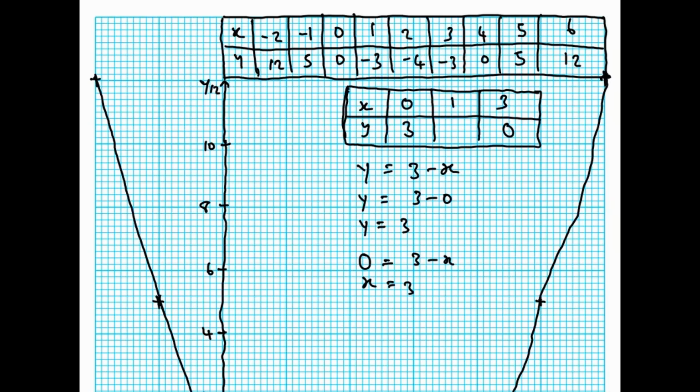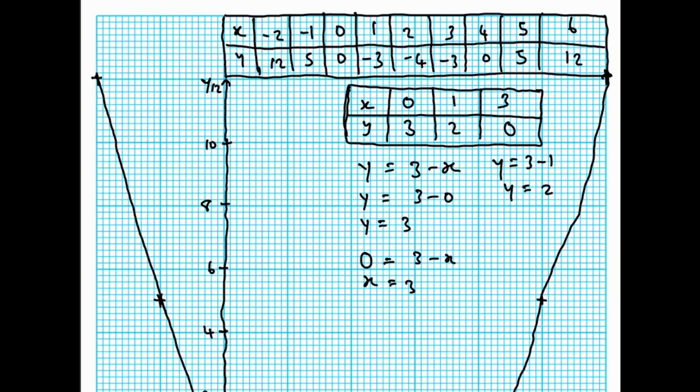Saka na x ari 1 zvoreva kuti y inge equal to 3 minus 1, saka y inge equal to 2. Saka taisa 3 points for the sake of convenience, but truth be told, 2 points are enough kana uchida draw a straight line.